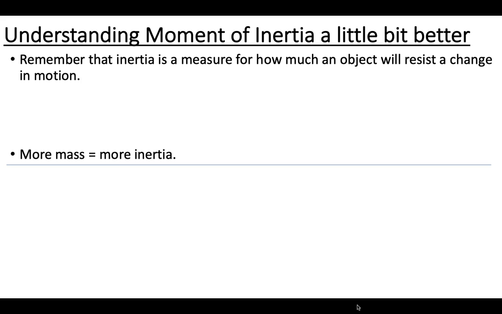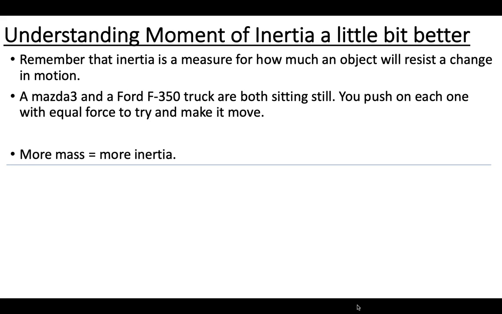So I want to start out by looking at some review. Remember that inertia is a measure of how much an object will resist a change in motion. So let's think of, say, a Mazda 3, that's what Mr. Christopher drives, remember, and a Ford F-350 truck, both sitting still. You push on each one with equal force to try and make them move.